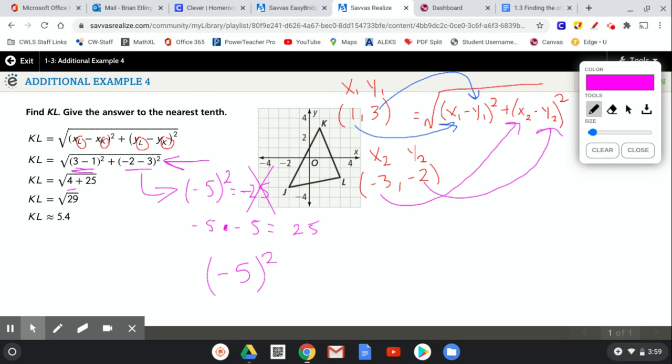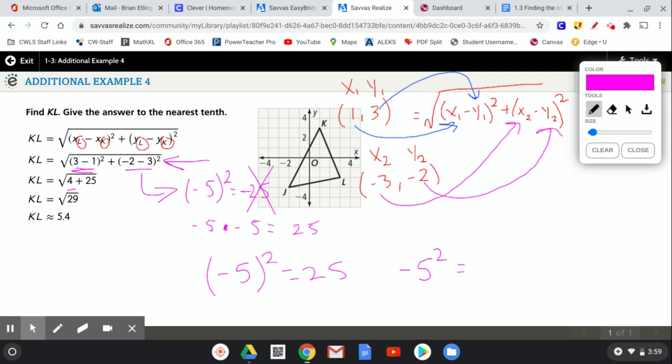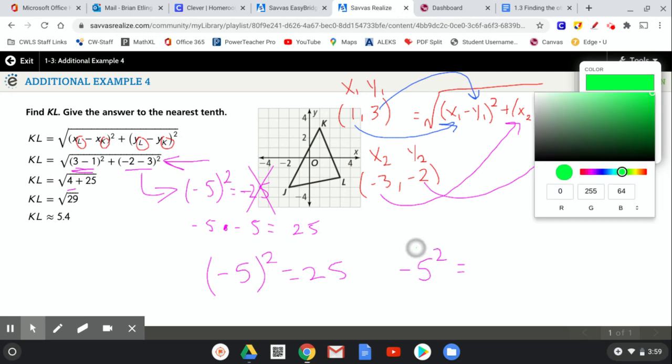Because what happens in your calculator is a lot of this will give you 25, but sometimes if you plug it in your calculator and just do negative 5 squared without any parentheses, it does this part of the operation, it does 5 squared, and then it takes this negative sign and just puts it out in front because it thinks that's what you want done, because order of operations would be exponents before multiplication, because really you're saying negative 5 times 1.